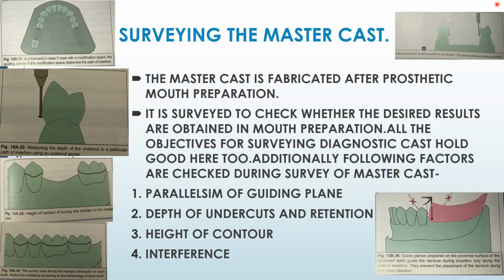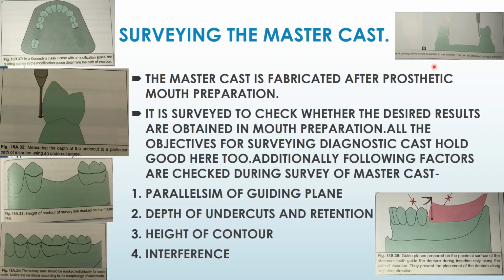All the guiding planes should be parallel to one another, and this is checked using a surveyor. The guiding planes are nothing but the proximal surfaces on the tooth. So these are your guiding planes, and they should be parallel to each other.